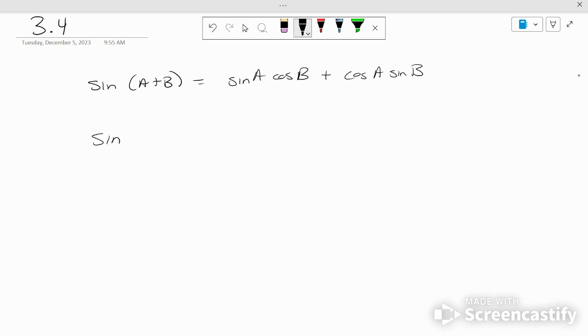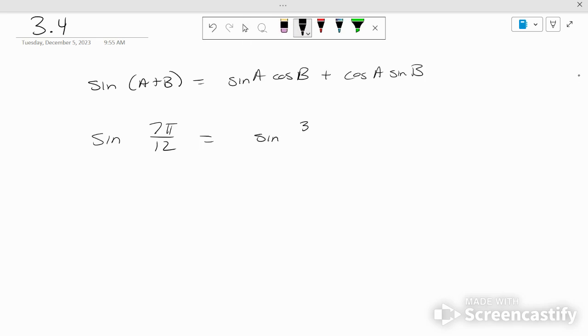So if we had the sine of 7 pi over 12, we're basically doing the same thing as we did for the cosine of 7 pi over 12. Well, it's 3 pi over 12 plus 4 pi over 12, right?